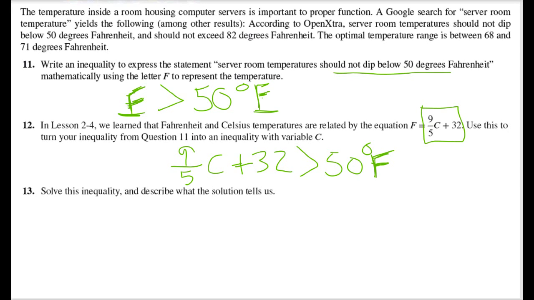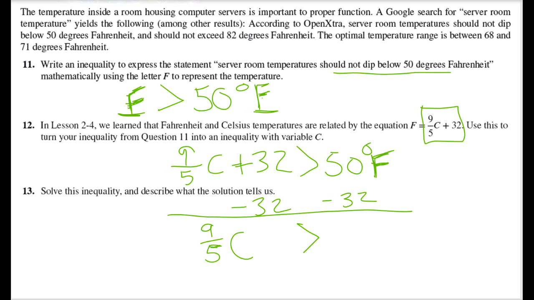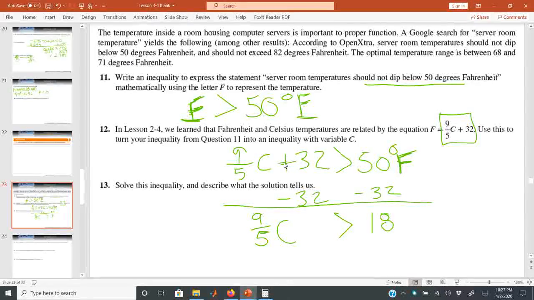So question 13, we want to solve this. First thing we do is add or subtract as we need. We need to subtract the 32. We subtract 32 from both sides, and now we have 9/5 C is greater than 18. I'm going to multiply both sides by 5 and divide both sides by 9.